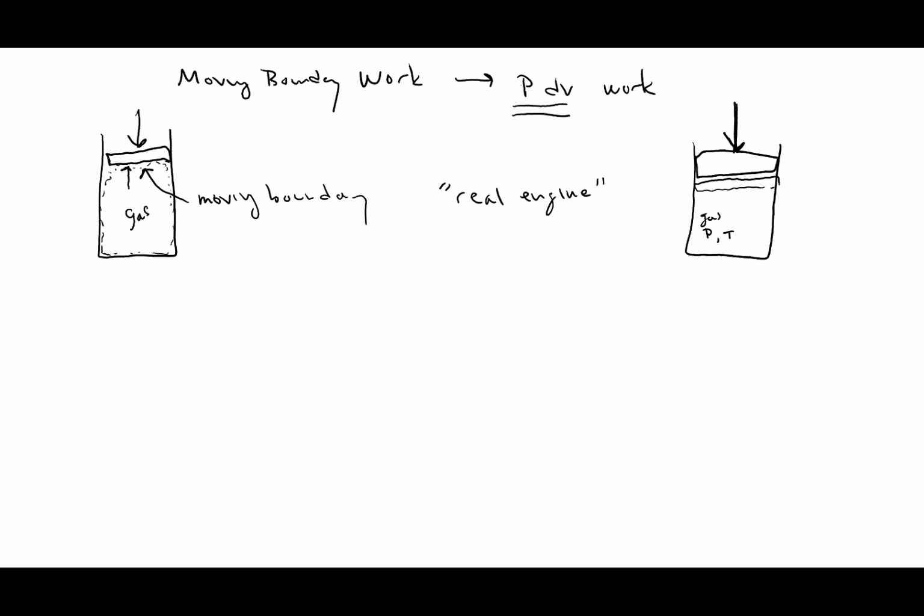Let's say that this change happens slowly, like this piston is pushed down slowly. The slowness that I'm talking about is, let's say that we have a pile of sand sitting on this piston, and what we're going to do is add a piece of sand.